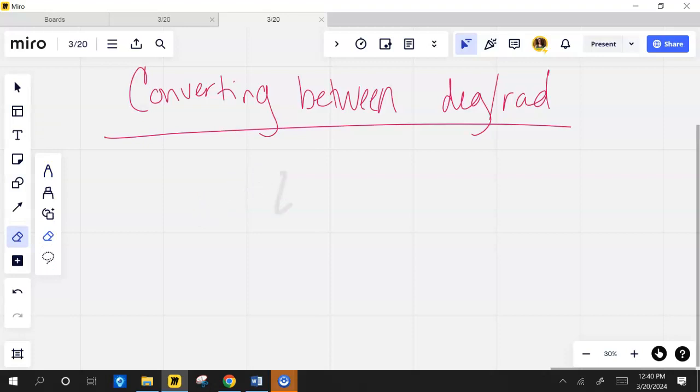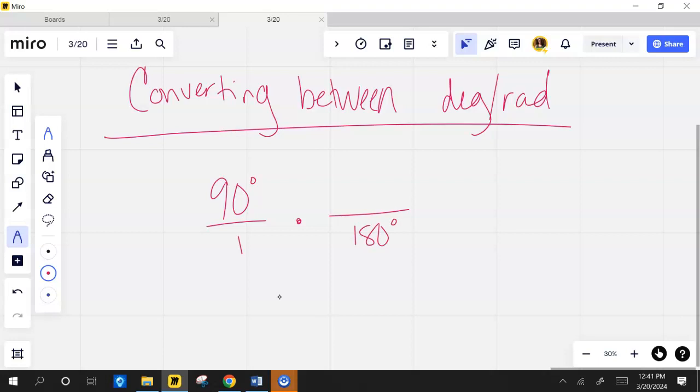Let's start with 90. This is like 90 degrees over 1, right? I know that in 180 degrees, how many pi's are there? 1 pi, right?